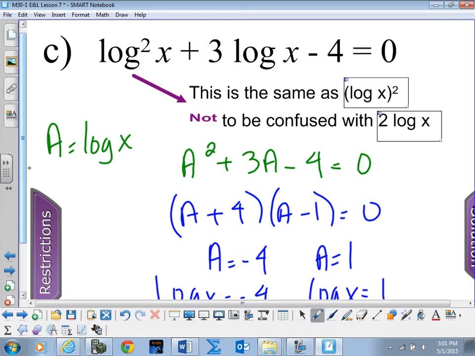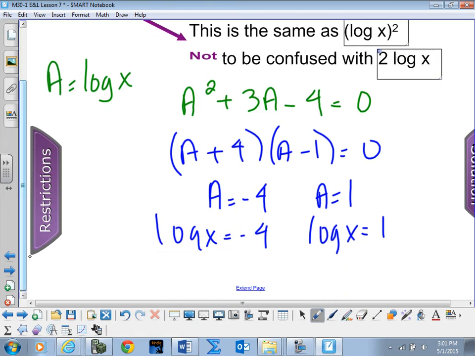Those are base 10 logs. So when we go to evaluate for x, it's switching to exponential. So log x equals negative 4 is the same as the base is 10, the exponent is negative 4. What it equals is x.